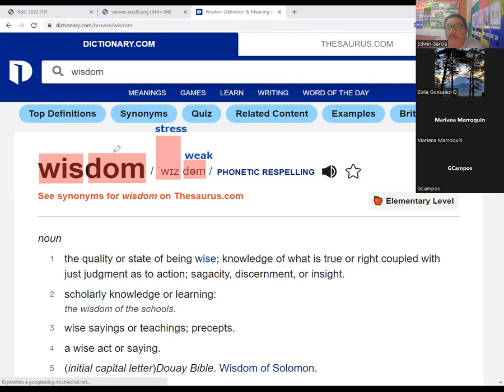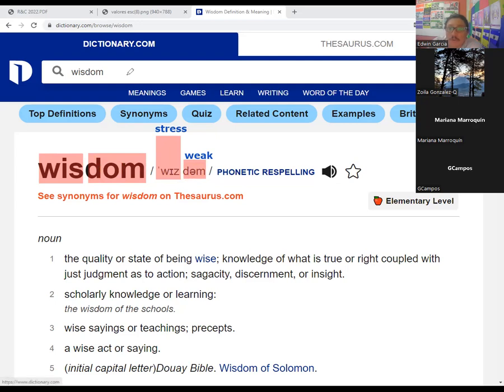And the second part, we have the D sound, the M sound, and between these consonants, we have one O. But in this case, the sound is not for O. It's like a schwa. The schwa sound. Here we have them. Wisdom. Wisdom is the pronunciation for this word.